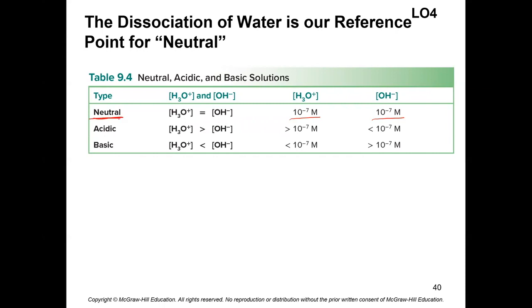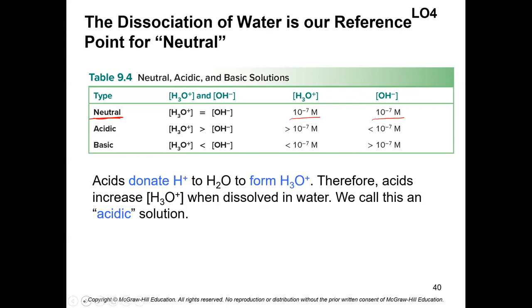Now, what do we mean by acidic? Recall that an acid donates a proton to water. So if I have a cup of water and I add acid to it, that acid is going to donate a proton to that water, and that is going to form more H3O plus ions. There were already some H3O plus ions that existed in just water, which is exactly this.